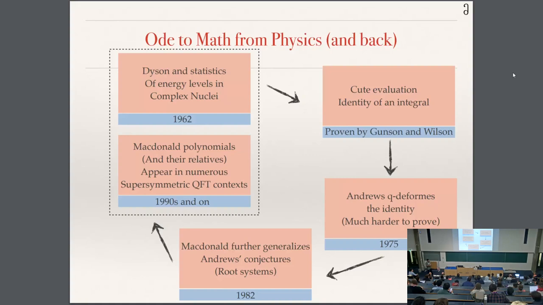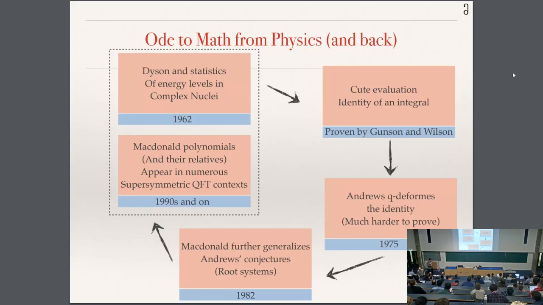And it was a cute observation nobody cared about, but some mathematicians are deep thinkers. Again, I don't understand their motivations, but they saw the identity of Dyson and said, why would we not q-deform it, complicate it a little bit more. And it became a much more complicated identity.